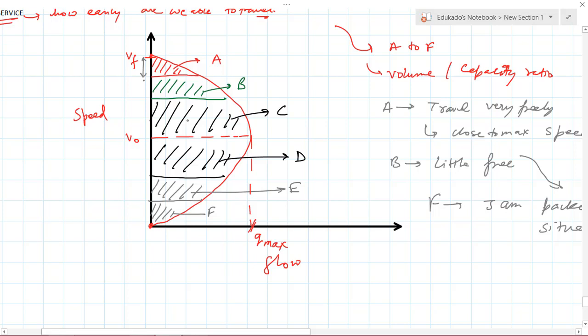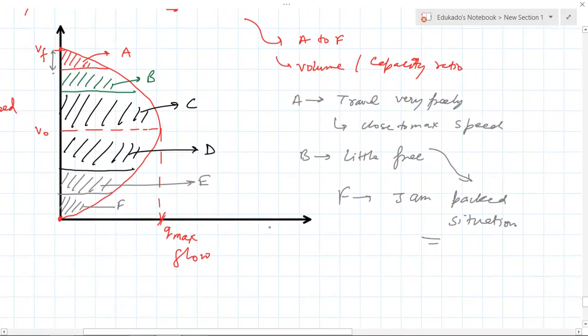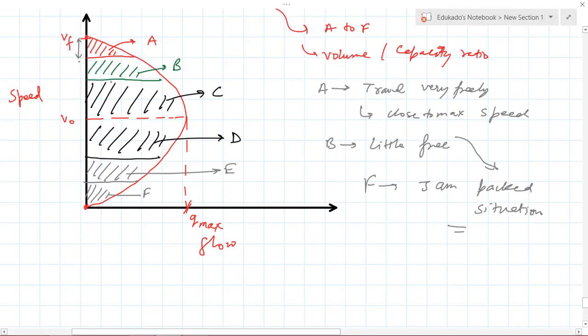In C, when we come down, we see that the speed has been reduced substantially and the flow is increasing, so a jam condition is going to happen very soon. And at last at F, there is no speed, that is there are too many cars and you can't move, there's a jam condition, so your flow is also not happening, so that is F, known as the jam-packed situation. That's all related to this level of service. Alright.